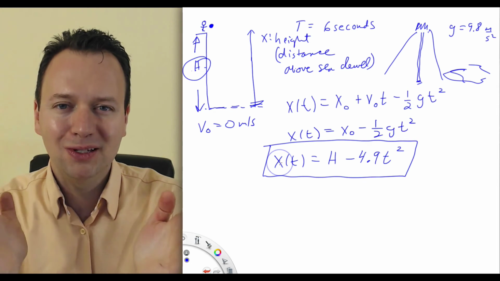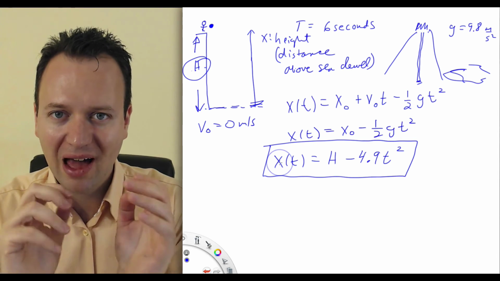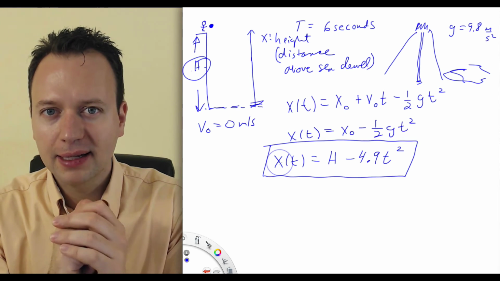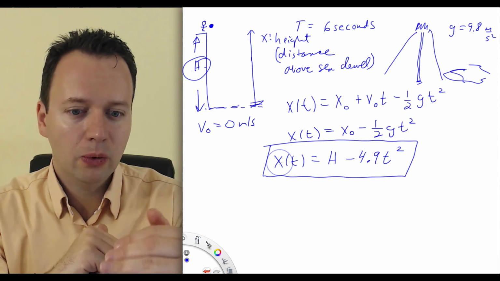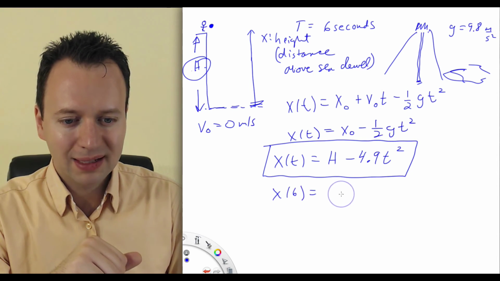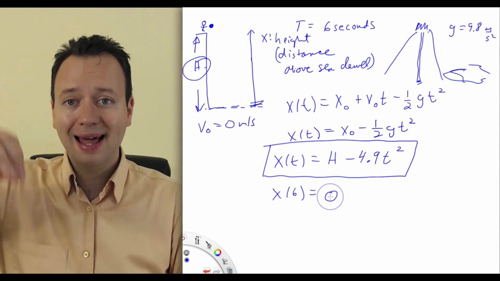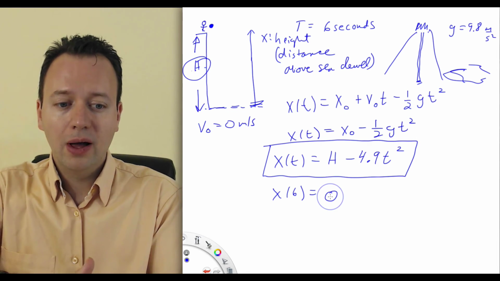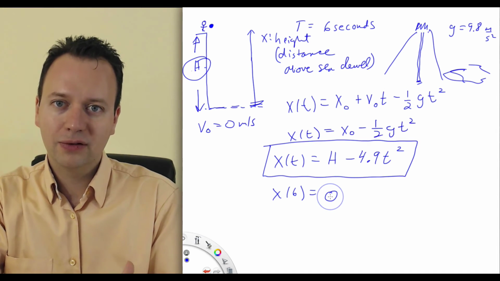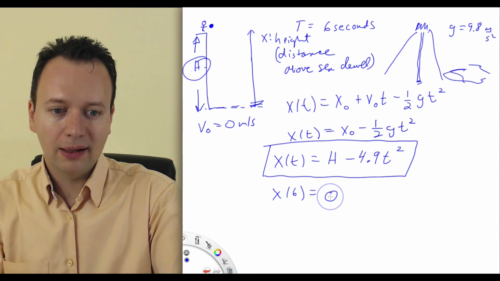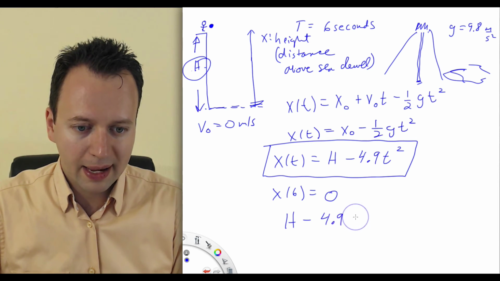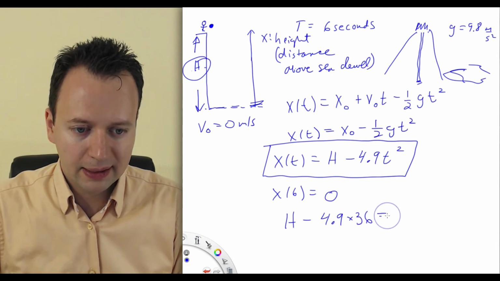Now, how do we use this to figure out the value of h? Well, what do we know? We know that it hits the ground at 6 seconds. So when it hits the ground, t is equal to 6. Therefore x of 6 must equal 0, because when the rock lands on the ground, it has 0 height. Now we just have h minus 4.9 times 36 is equal to 0.